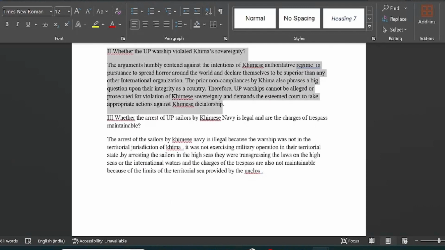Like here, see, whether the United Province violated Kima sovereignty, I have tried to present it concisely in a very precise manner. The arguments humbly contend against the intentions of Kima's authoritative regime, in pursuance of spreading horror around the world and declaring themselves superior to any other international organization. It's a very precise version of the argument we have presented in detail later in the arguments advanced.